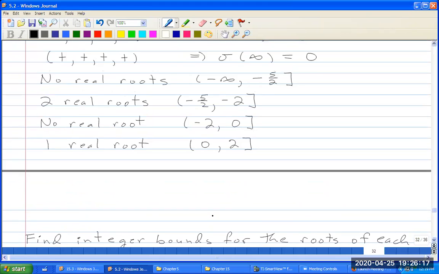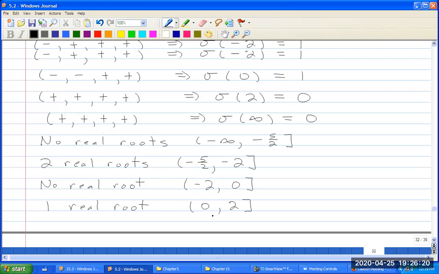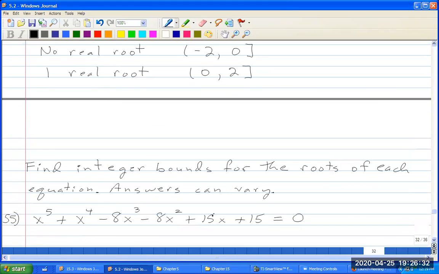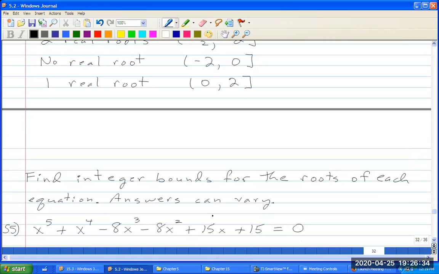Did I give the integer bounds? Okay. And then no real roots greater than 2.